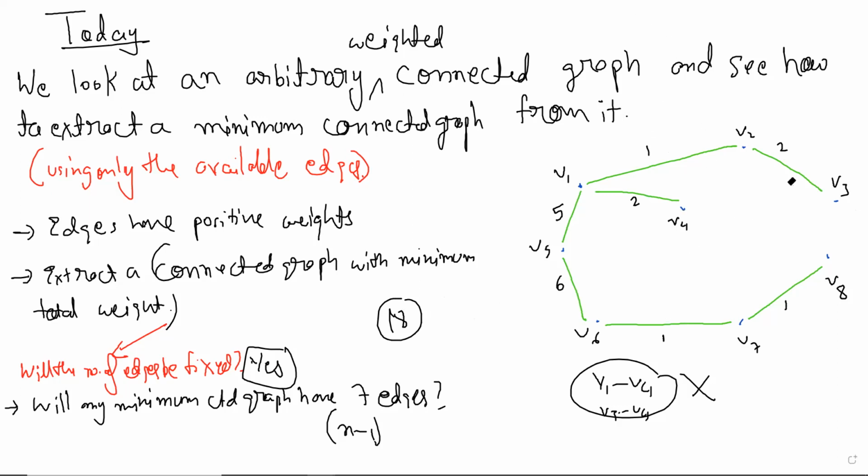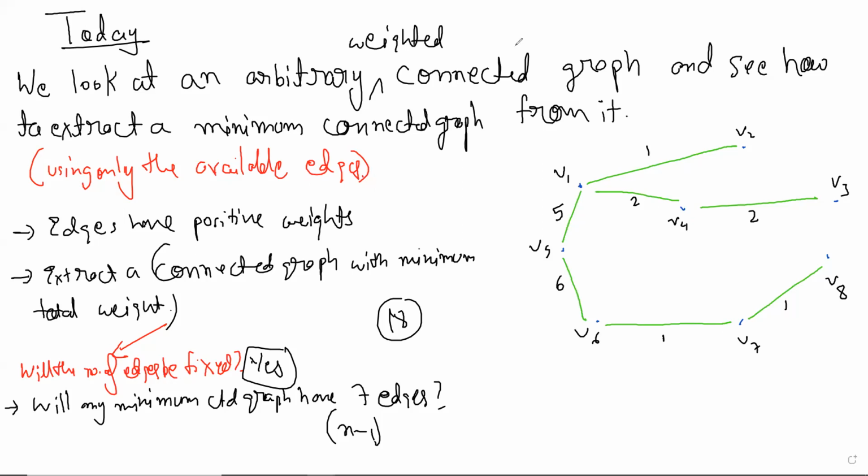So in this case, obviously, we have removed 2 and we have 7 edges. Okay, so n minus 1. You could have done this in a different way, right? But the point is that even if you do it in a different way, just to see it concretely, you could have removed this and this, but it still has n minus 1 edges.